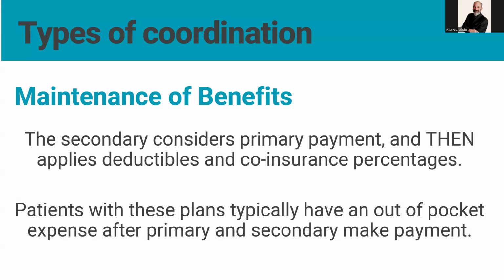And the patient now owes $40 instead of $30 because that $10 got applied to the deductible. The patient still owes that $10 towards the deductible plus their $30 co-insurance. So now the patient owes $40 and the secondary insurance paid 0 out of their own pocket. They put it towards the deductible and then the primary co-insurance.